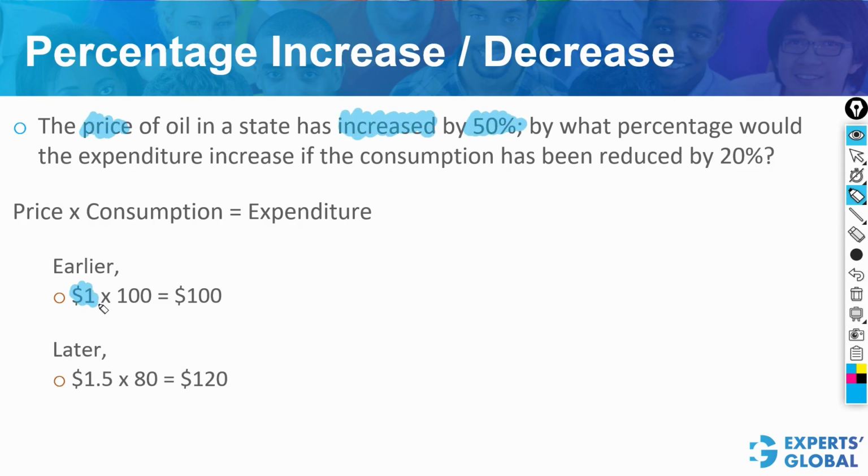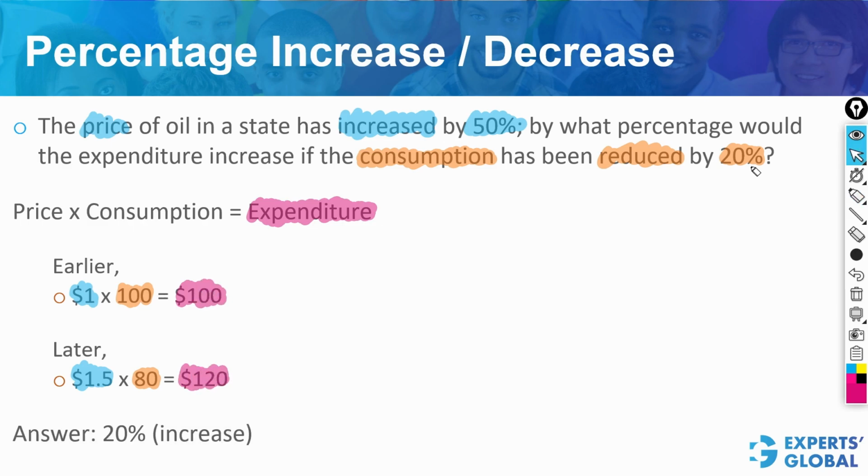So $1 becomes $1.5. And consumption has been reduced by 20%. So 100 units becomes 80 units. So the expenditure, which was initially $100, has become $120. Therefore, the answer is a 20% increase in expenditure.